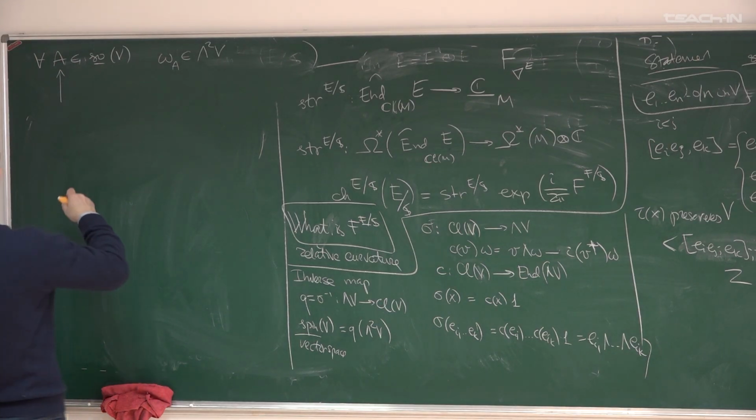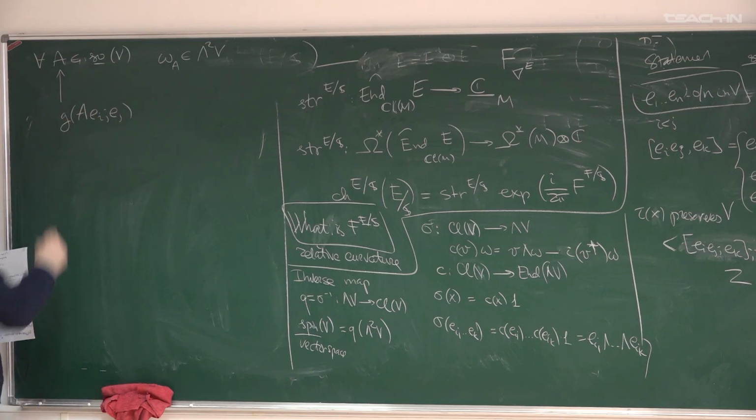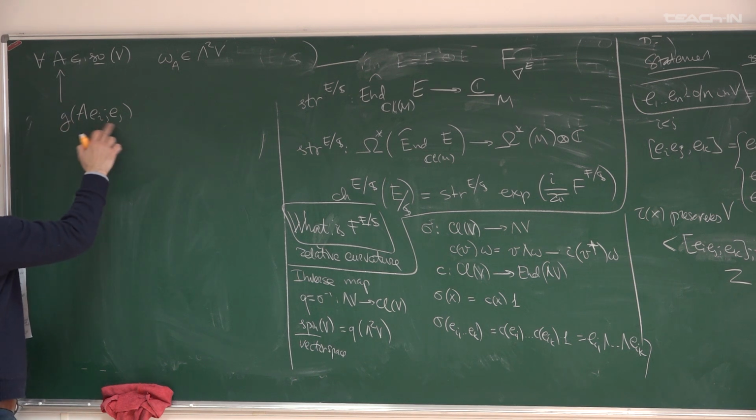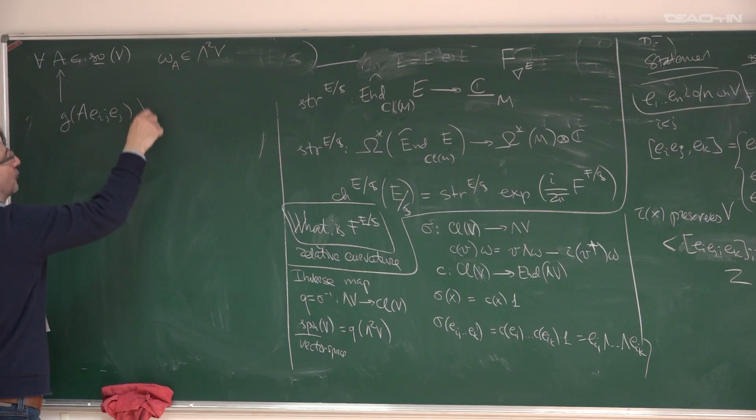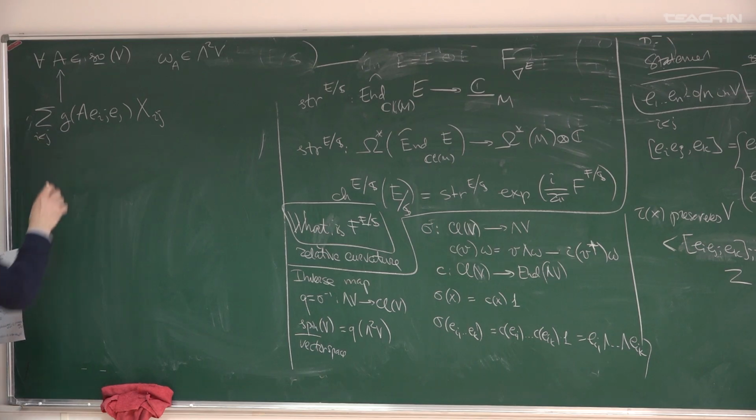So how to recover an entry of the matrix A? You take the matrix, apply it to a basis vector, and take the scalar product with another basis vector. It's the element of the matrix which sits on the place ij. But this guy is skew-symmetric, so you write here the generator and take a sum over i smaller than j. So you take a sum over, say, the lower triangle part of this matrix X.